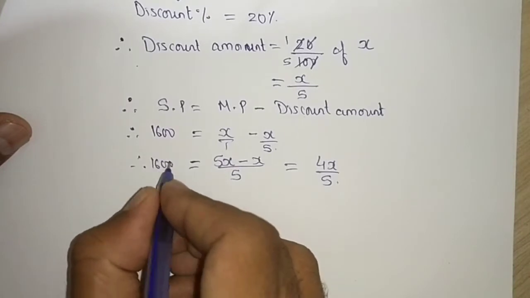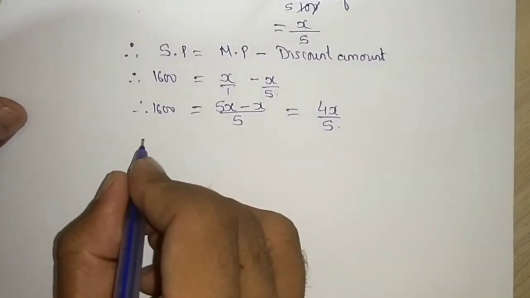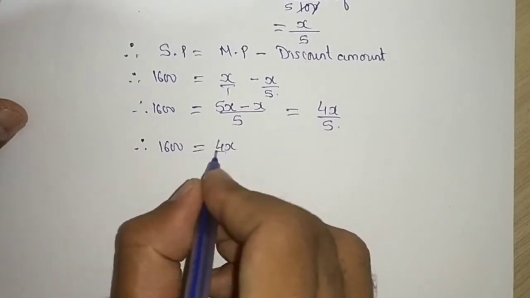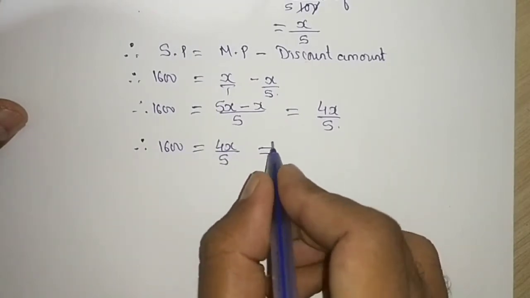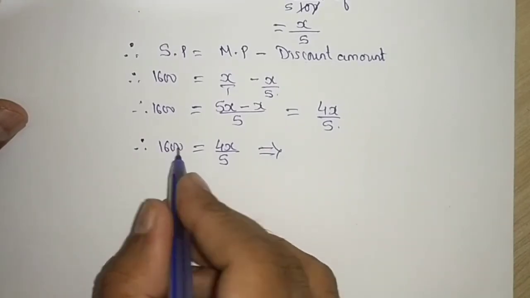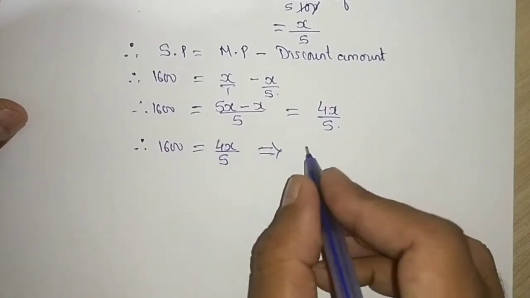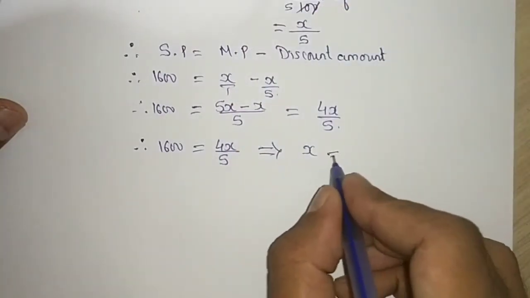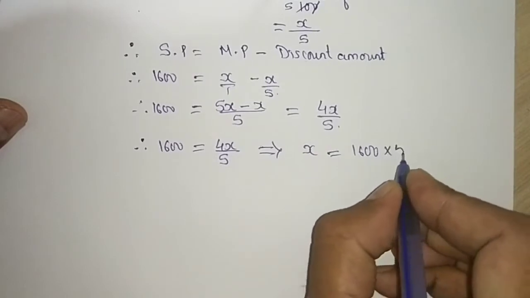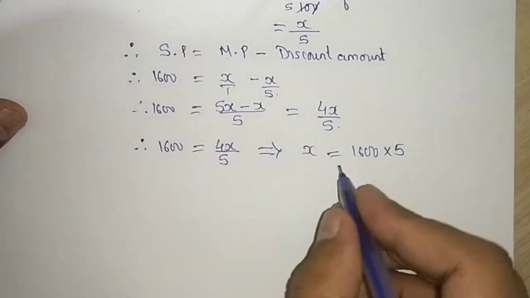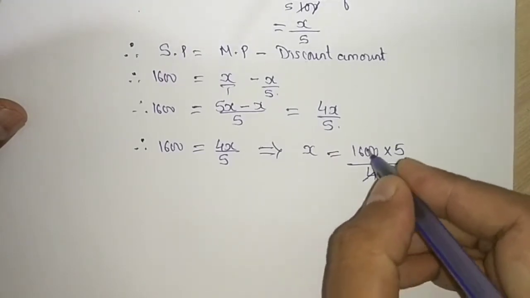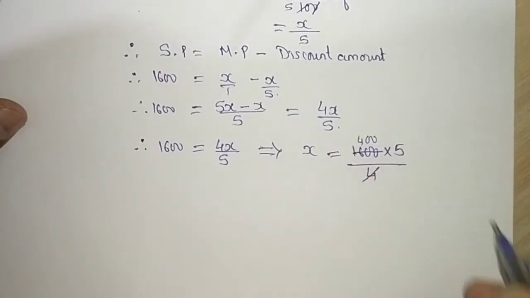Therefore 1600 is equal to 4x divided by 5. That implies 5 I multiply over here and 4 I will get down. So x I will keep as it is, 5 will go to that side and multiply with 1600, and 4 will come down and divide. 4 fours are 16, that is 400s give me 1600.